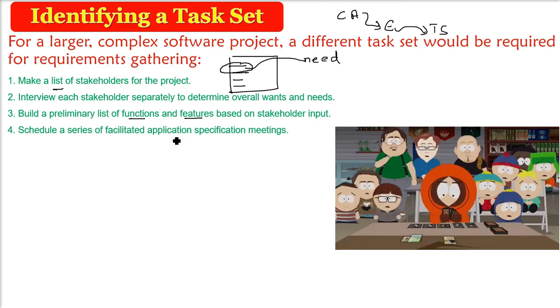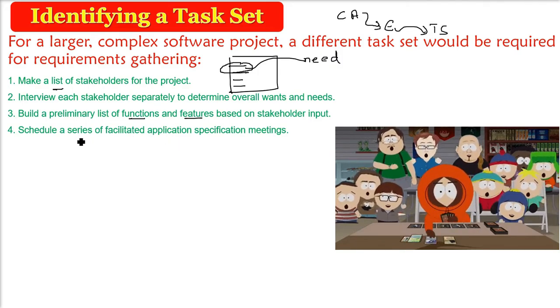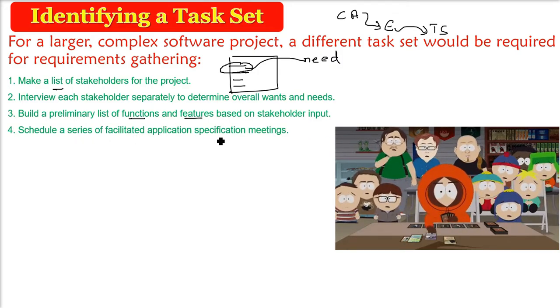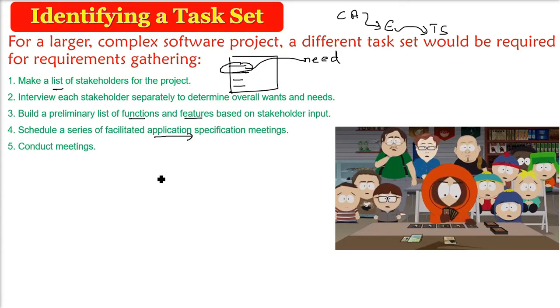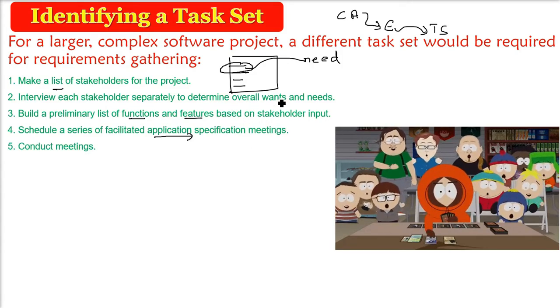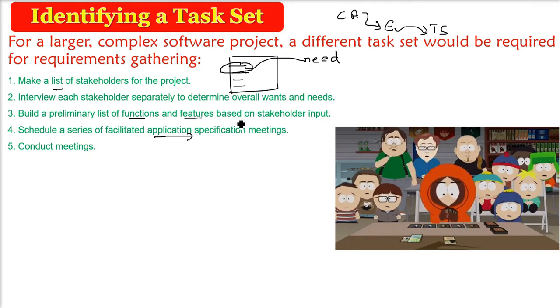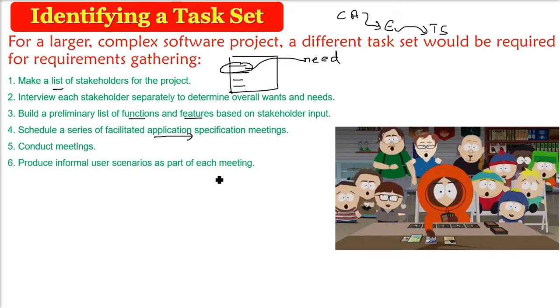Then you will schedule a series of facilitated application specific meetings. That is, now you have to have a meeting very specific for the specification being required. Then you have to conduct these meetings. First you interviewed them one by one, then you created the list, and now you have a specification application meeting, conduct meeting.